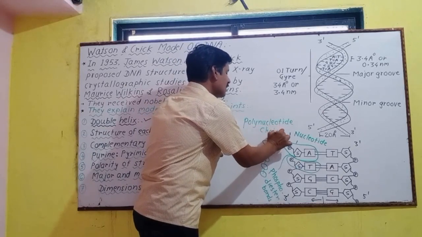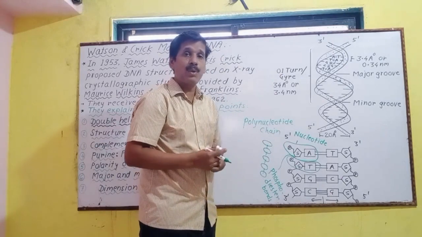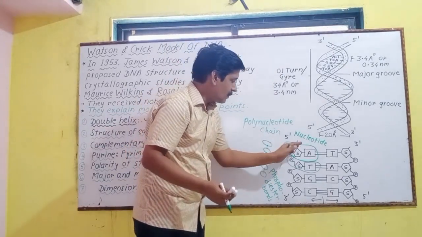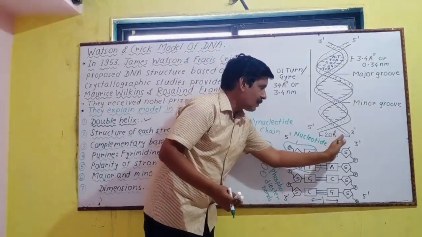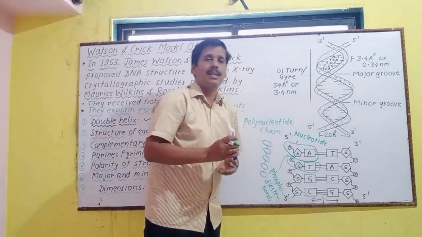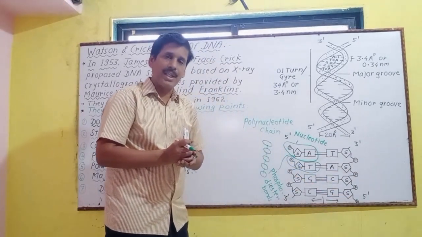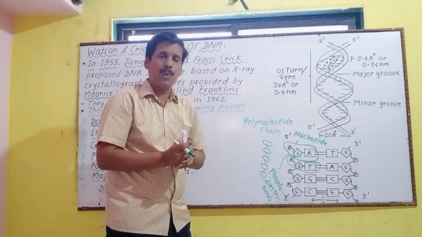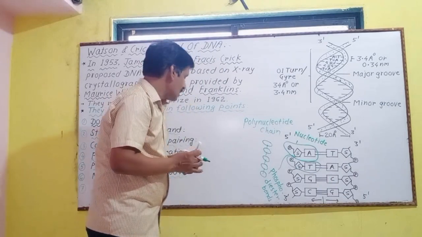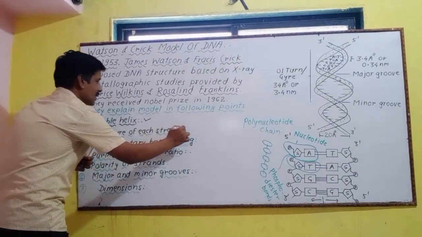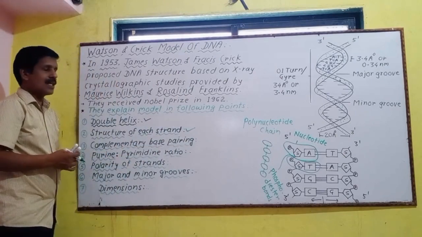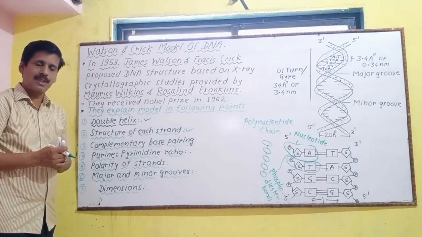As the DNA is double-stranded, there are two polynucleotide chains, one from this side and one from this side. That is the structure of each strand. Each strand of the DNA molecule consists of thousands of nucleotides.